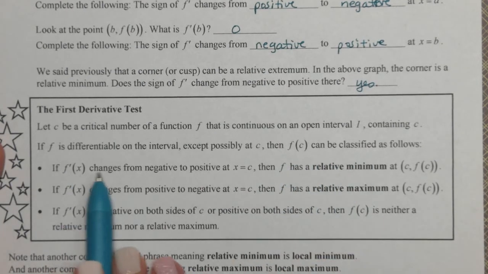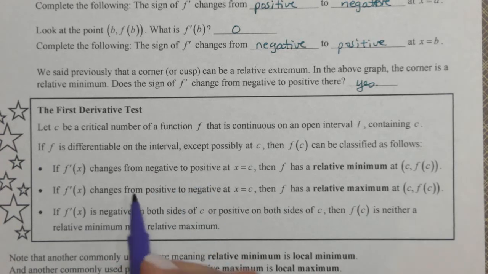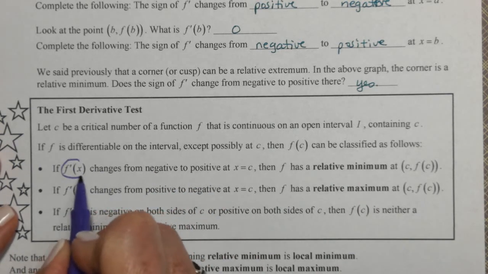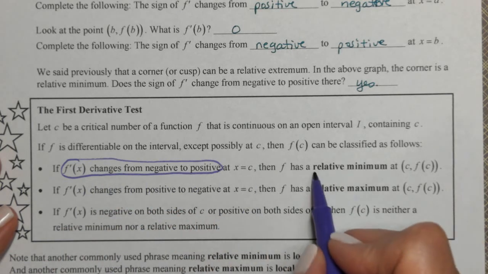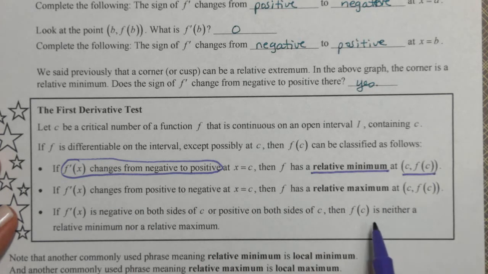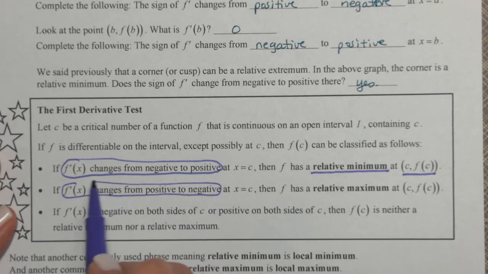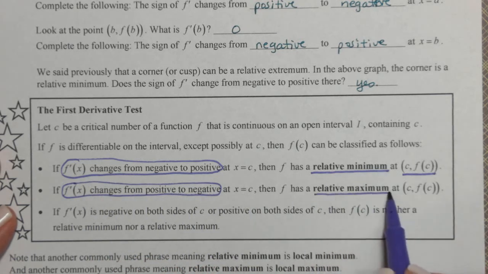If f prime changes from negative to positive at x equals c, then f has a relative minimum at that point. If f prime changes from positive to negative at x equals c, then f has a relative maximum at that point.